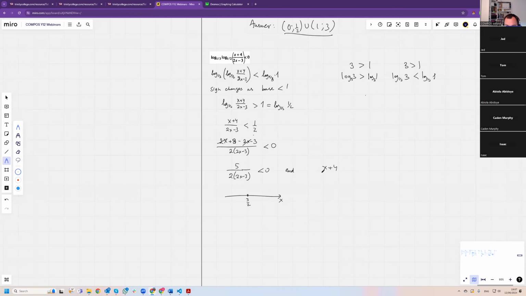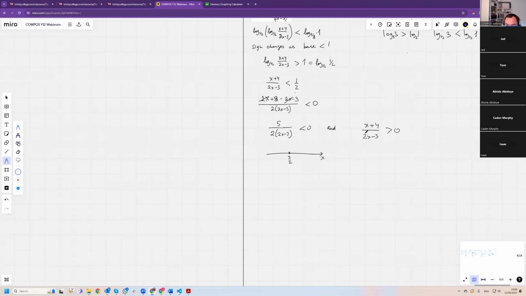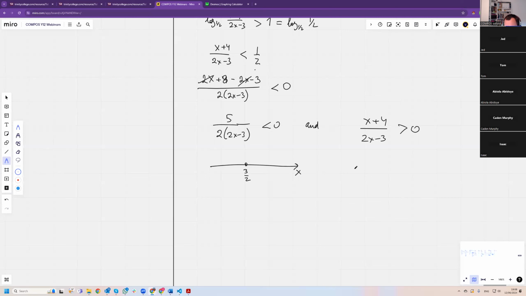x plus 4 divided by 2x minus 3 has to be greater than 0. All right, so this has to be negative and this has to be positive. So here's positive, negative, that's easy. So we're interested in the negative part. And this part, so we have minus 4 and 3 over 2.